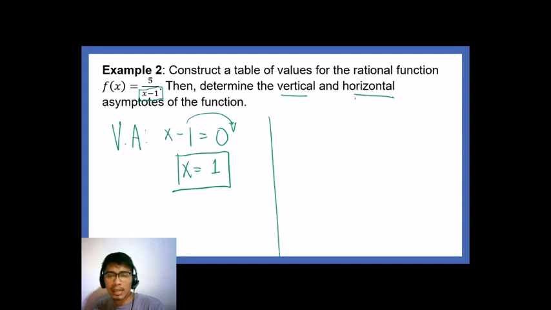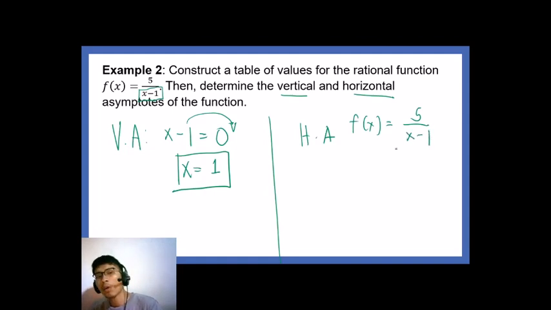This time, let's identify the horizontal asymptote. How do we identify the horizontal asymptote? Let me write the equation again. That is f of x equal to x plus 5 over x minus 1. How are we going to find our horizontal asymptote? Simply compare the degrees of this problem.